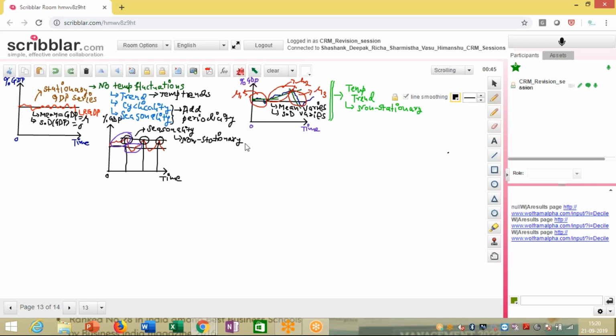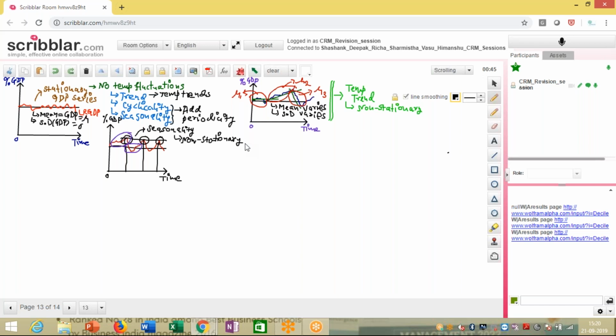Now, if you think about it in another way, there is another component which is sudden erratic fluctuations. If there is an element of erratic fluctuation, then you cannot do anything about it, because that cannot be predicted.